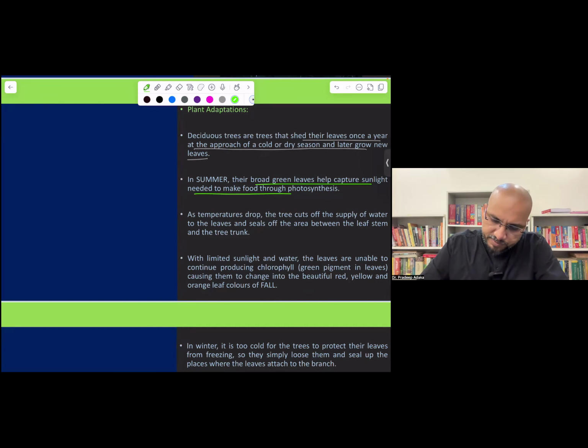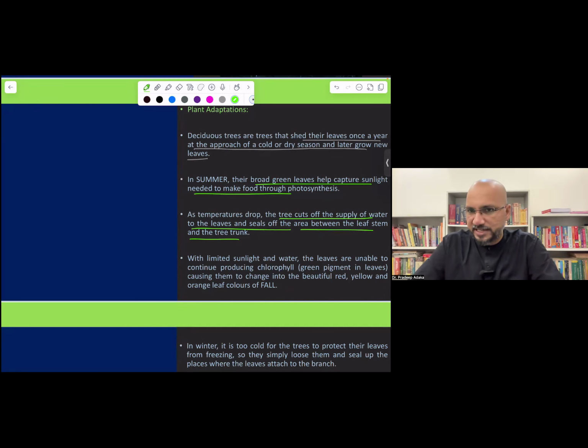As the temperature drops, the trees cut off the supply of water to the leaves and seal off the area between the stem and the trunk. So shedding of the leaves will start as the temperature starts to drop in the autumn. Water supply will be cut off and the leaves will shed. With limited sunlight and water, leaves are unable to continue producing chlorophyll.